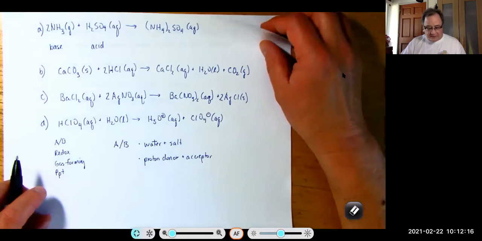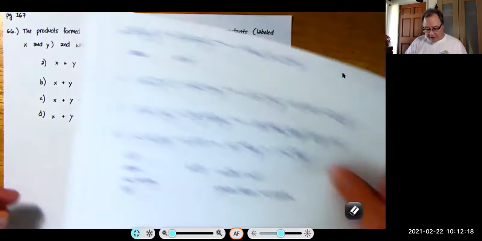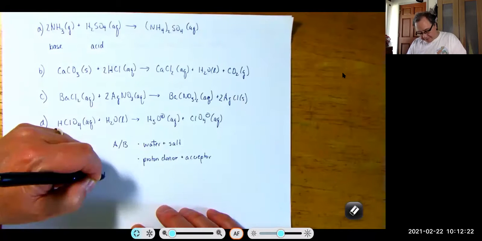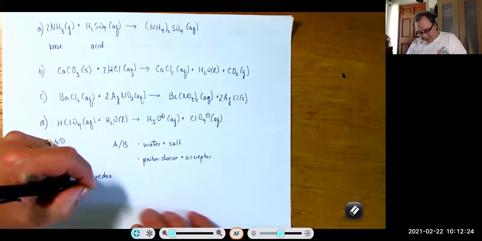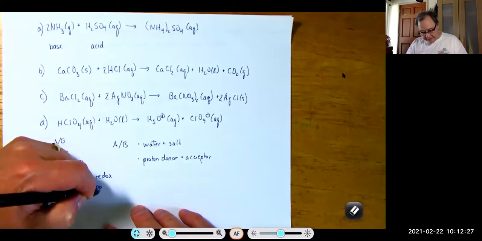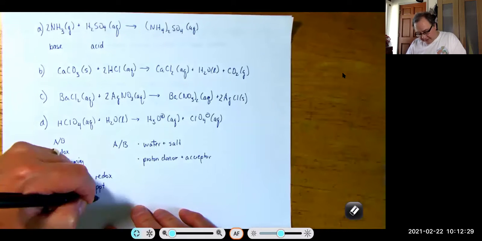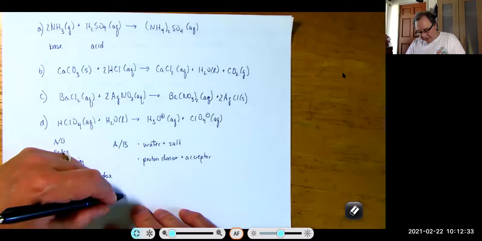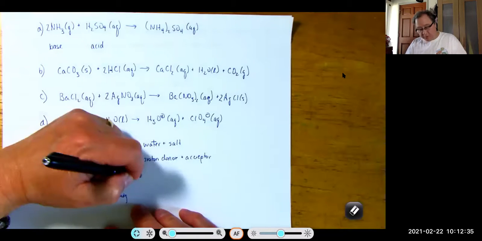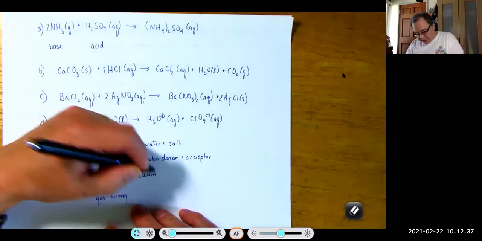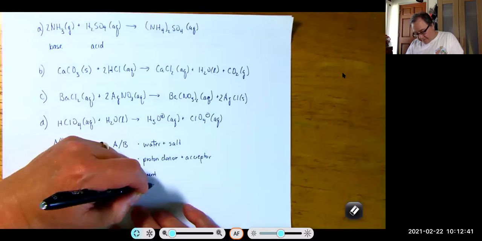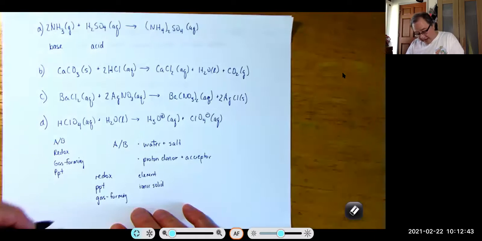So there are things that you peel off. Redox is easy to tell. Precipitation is pretty easy to tell. Gas forming is easy to tell. Redox, you have a pure element. Precipitation, you have an ionic solid. Gas forming, you have a gas.